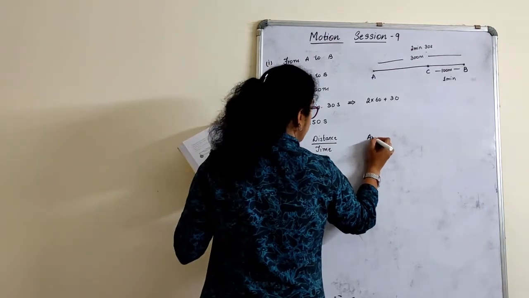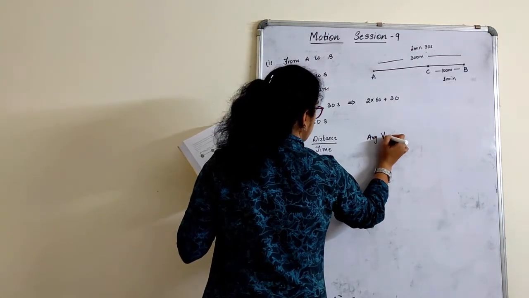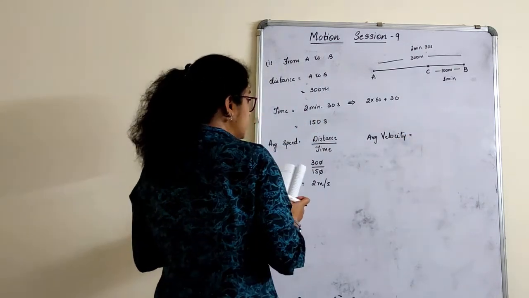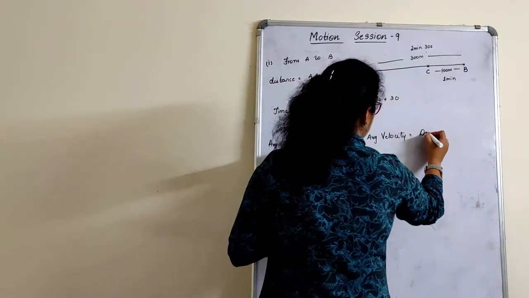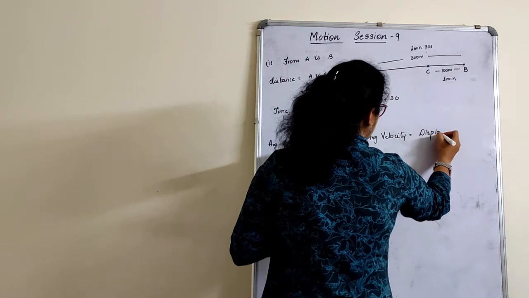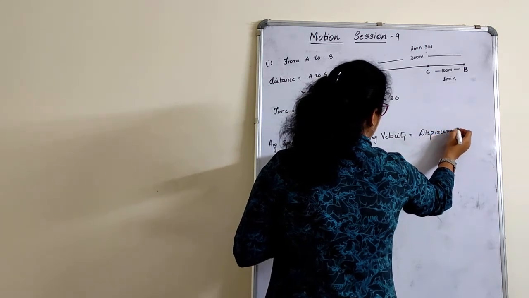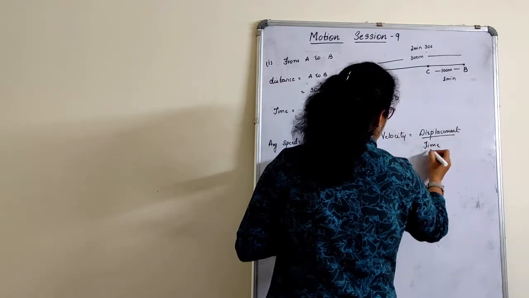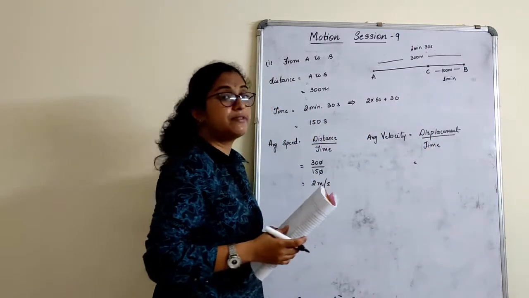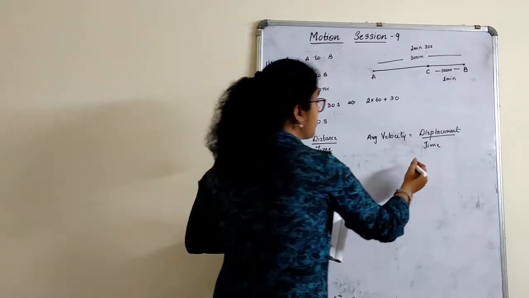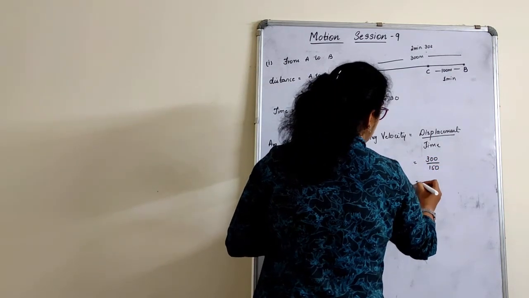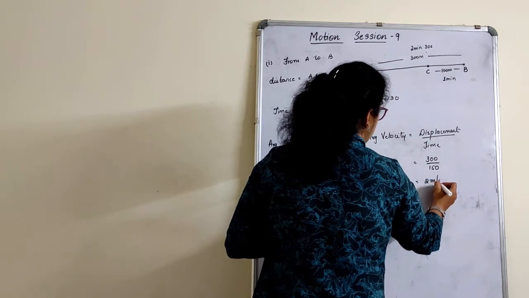Average velocity. What is average velocity? Displacement upon time. What is displacement here? The shortest distance between A to B. That's the same thing here. So this is also 300 upon 150, which is nothing but 2 meters per second.